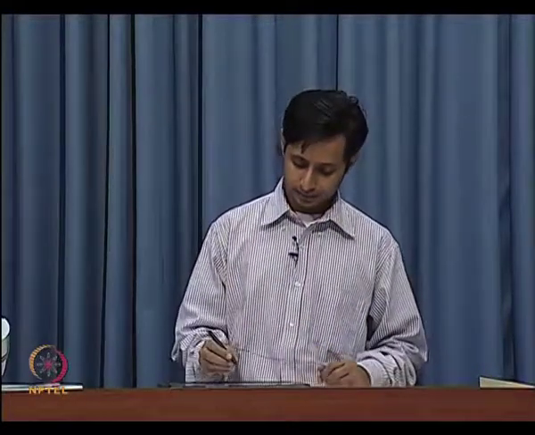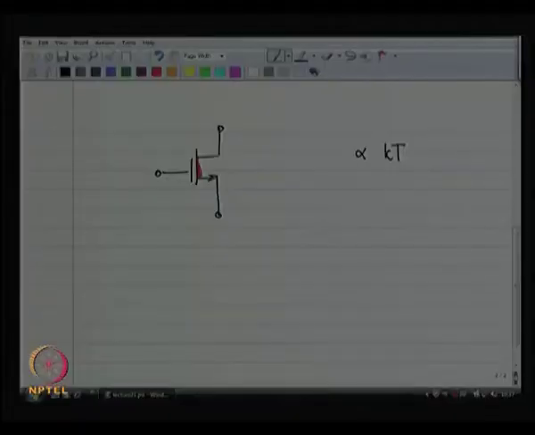So, this particular channel is modeled as the channel in shunt with a noise current source. Okay, remember that the noise current does not really have a direction.